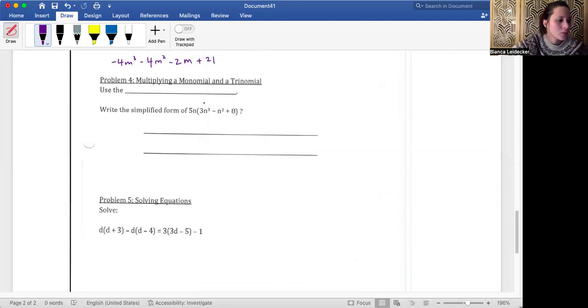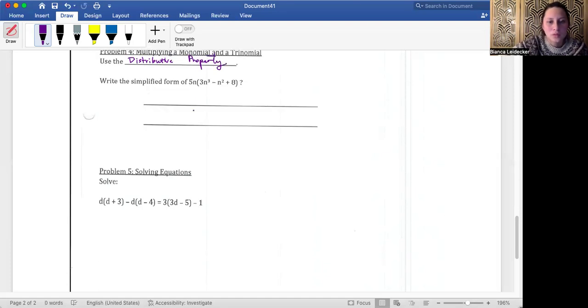Okay, what if we're multiplying? So for multiplying a monomial and a trinomial, use the distributive property. So when I'm multiplying, this is going to be distributed.